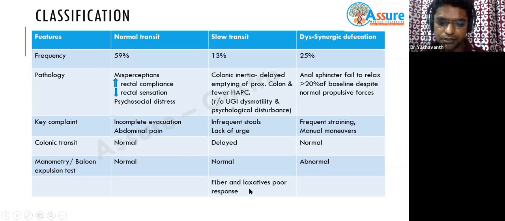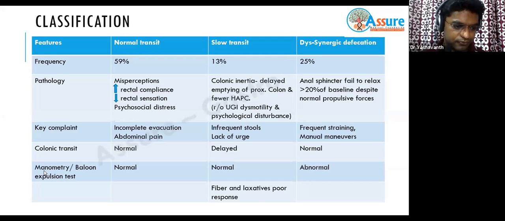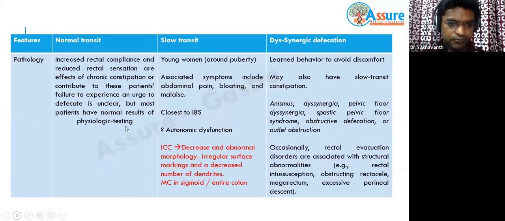You have to remember, in the slow transit, fibers and laxatives will have poor response. So the pathophysiology, normal transit, is still not clear. We need not worry. And the slow transit is usually seen in young women, and among all the three types of constipation, closest to IBS.